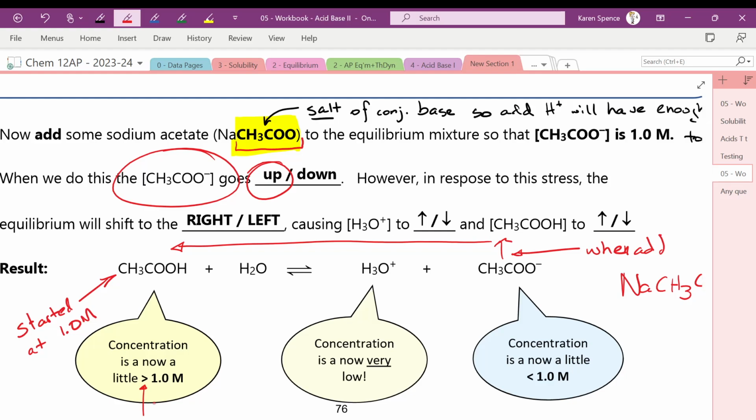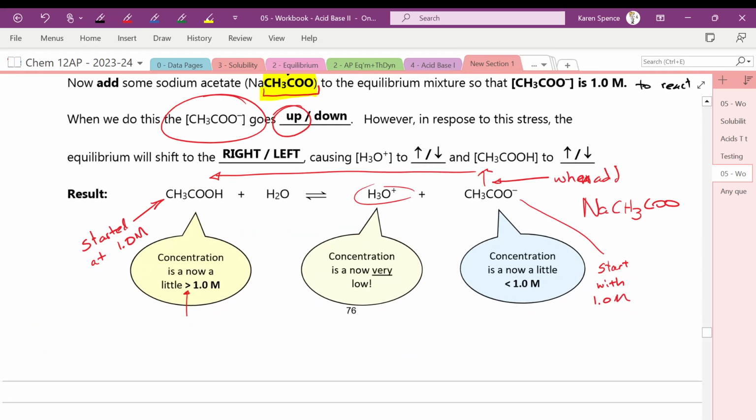Because we have shifted left, what has happened to our hydronium ion concentration? It was pretty low, and now it's even lower. And because we have shifted left, we started with 1.0 molar, and now it's a little less than 1.0 molar. Is that good?